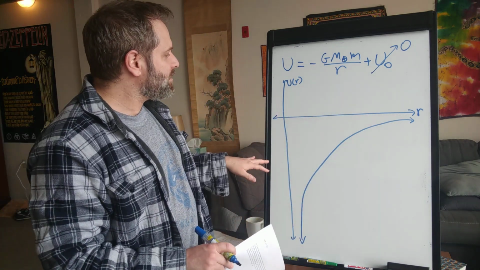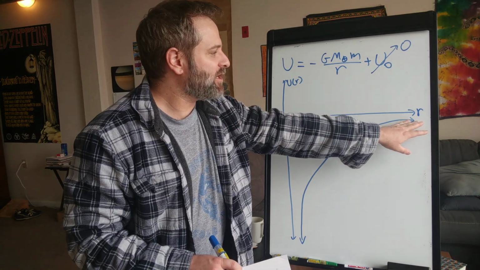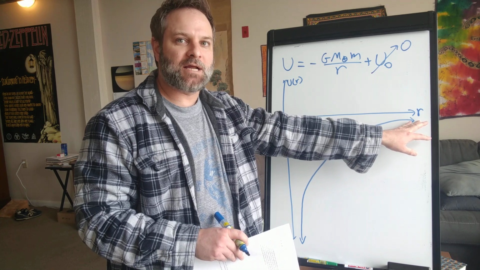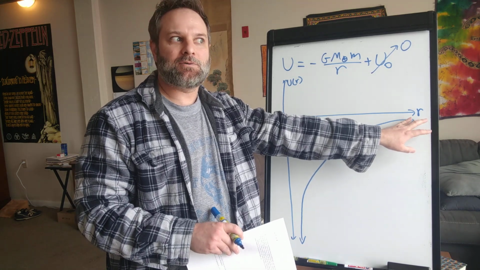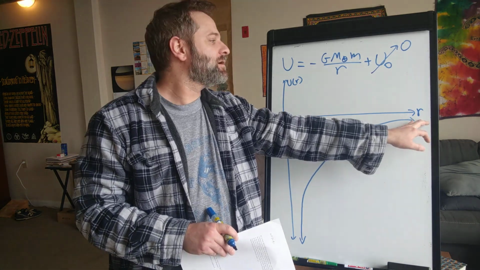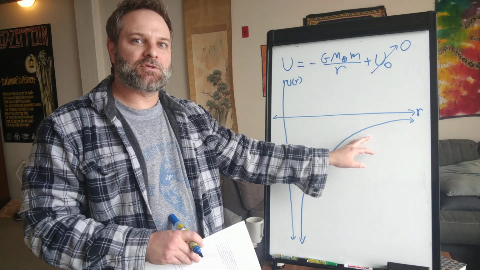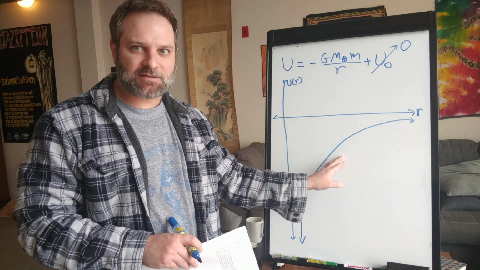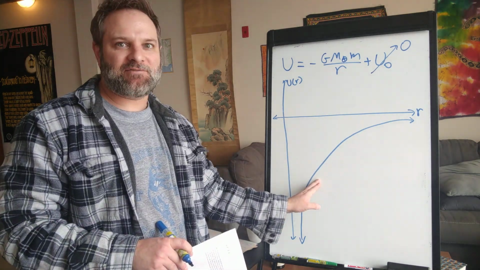So over here at infinity, the object has 0, the maximum amount of potential energy, but also has no kinetic energy. Then it starts getting negative values of potential energy, but the kinetic energy gets positive. Kinetic energy is still defined positively, and I get more and more as I fall down.